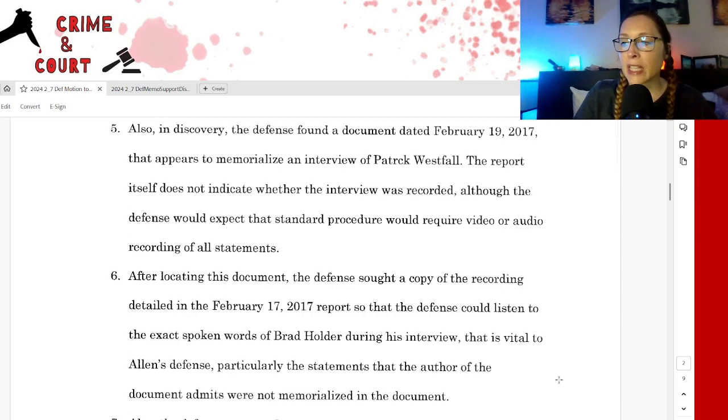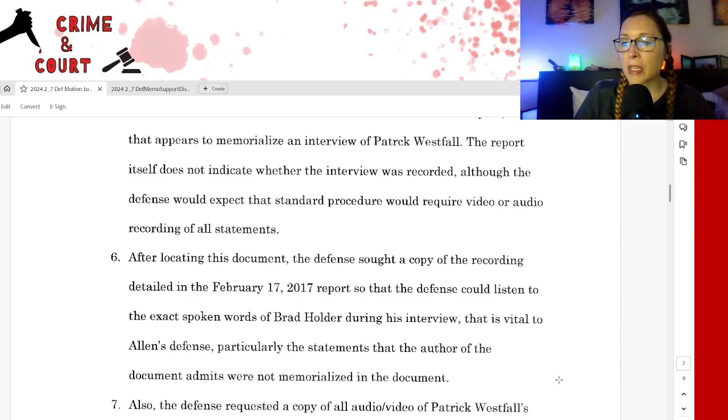After locating this document, the defense sought a copy of the recording detailed in the February 17th, 2017 report so that the defense could listen to the exact spoken words of Brad Holder during his interview. This is vital to Allen's defense, particularly the statements that the author of the document admits were not memorialized in the document.